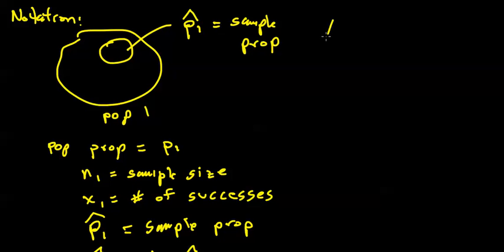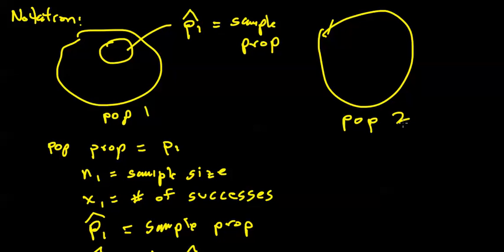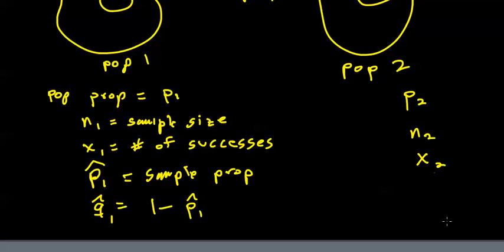Alright. Population 2, again, we're going to be drawing another similar sample from population 2 and comparing. And of course, as you might expect, there's similar notation for all these parameters in population 2: N2, X2, P hat 2, and Q hat 2.